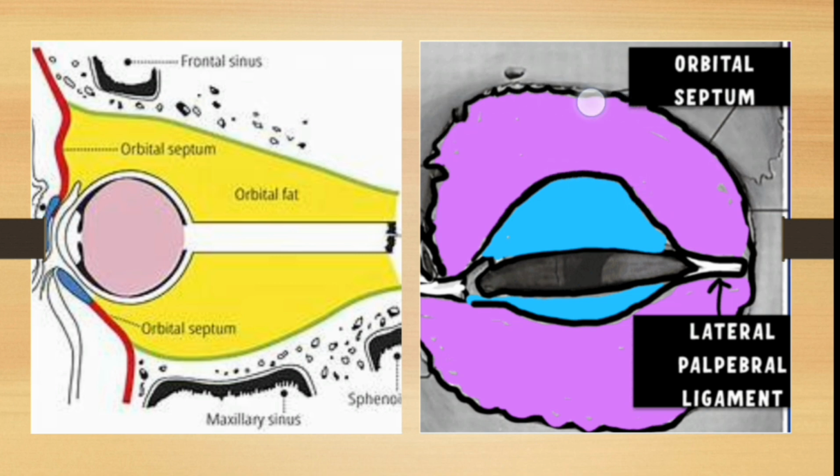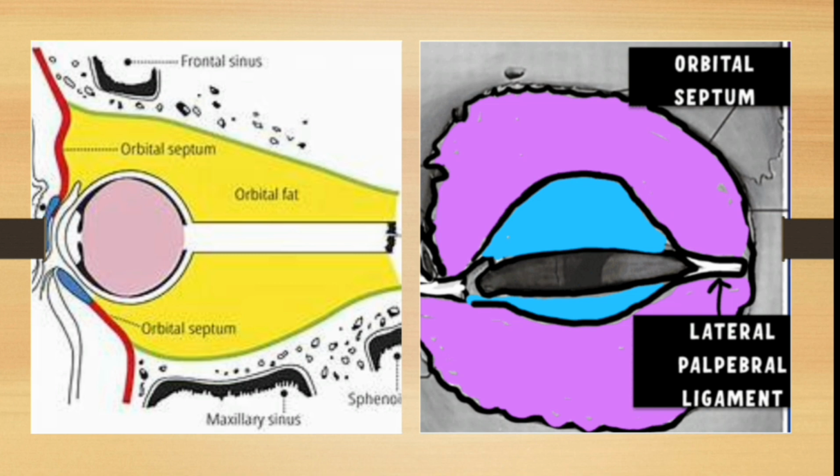It is by the membrane, the orbital septum, which is the extension of the covering of the orbit, the periosteum. So there is a membrane on the orbit which extends and moves towards the tarsal plate. This extension of the periosteum membrane is the orbital septum that connects the orbit and the tarsal plate.